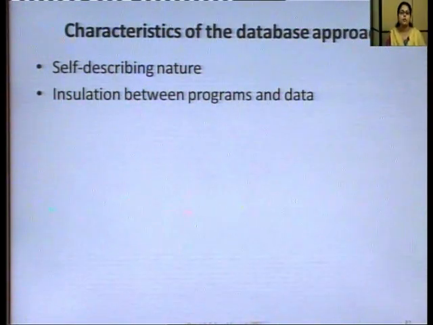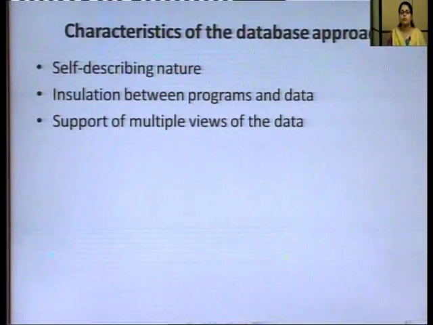But in the database approach, the structure of the database is defined separately in a catalog, and the application programs don't need to be changed if there is a need to change any data item, or to add any extra data item into the database. So it provides insulation between programs and data. We don't need to change application programs if there is any change in the structure of the database.